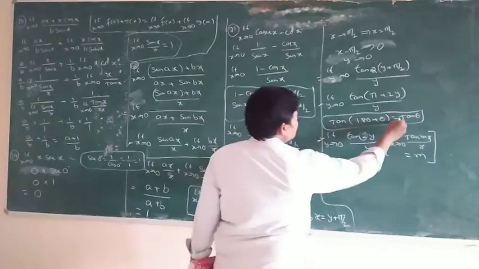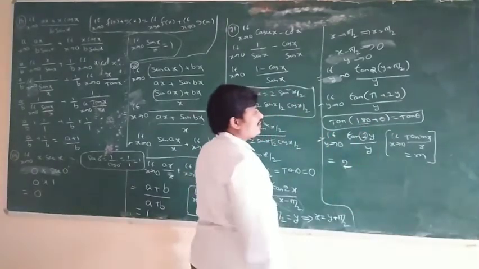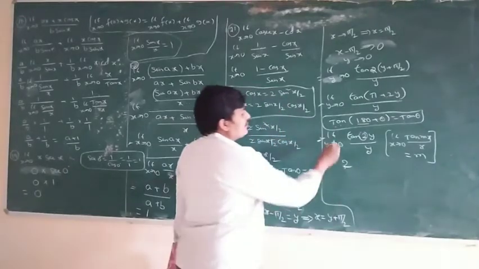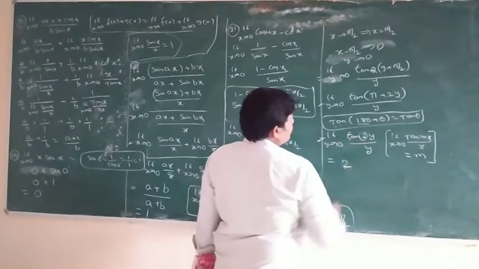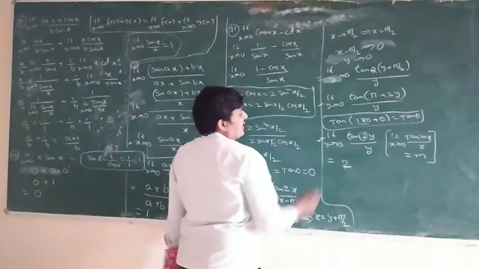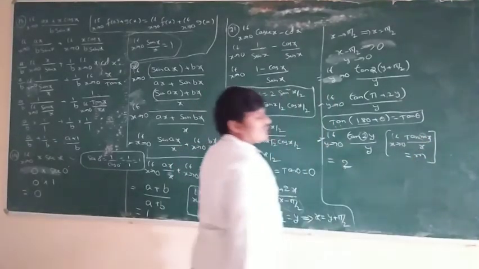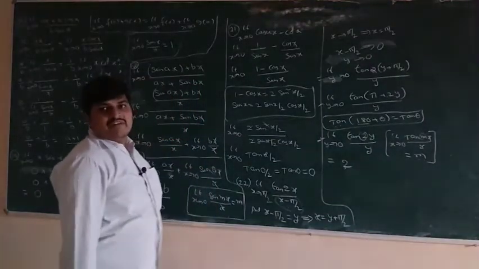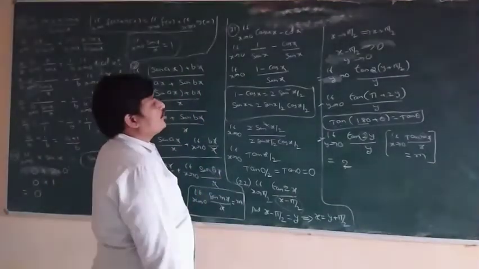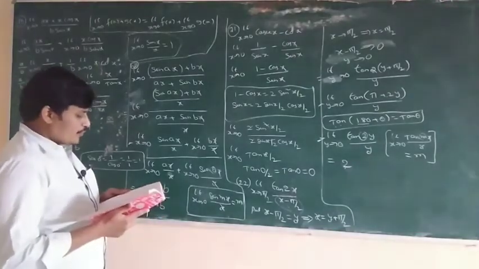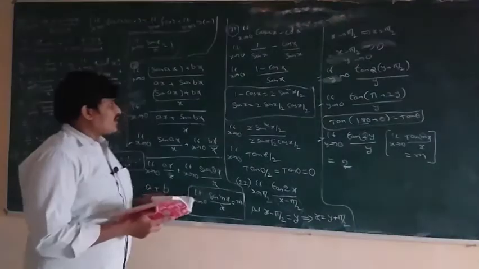So tan is positive, and 180 means the same function, so tan theta, where theta is 2y. So tan 2y. Directly, limit x tends to 0, tan mx by x is equal to m. So tan 2y by y is equal to 2. This is problem number 22. Up to 22, these are the single function limits.